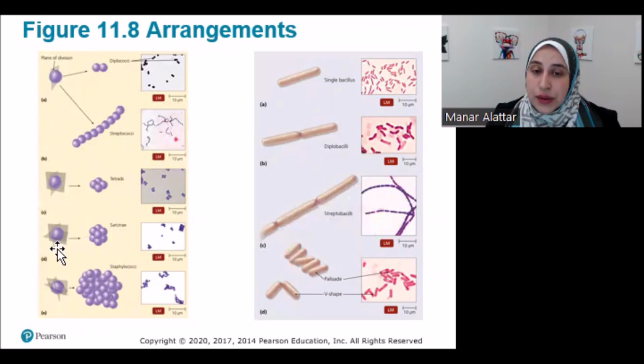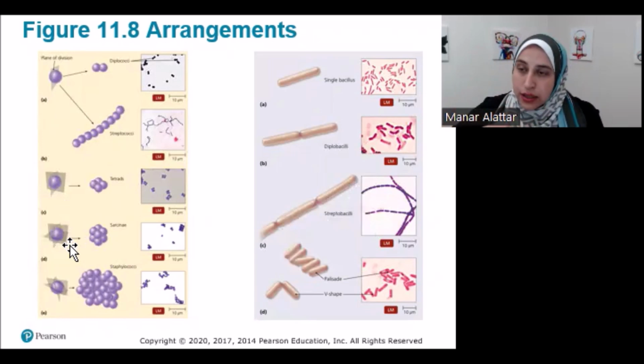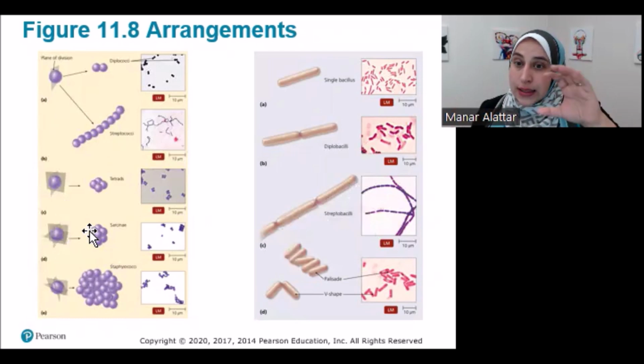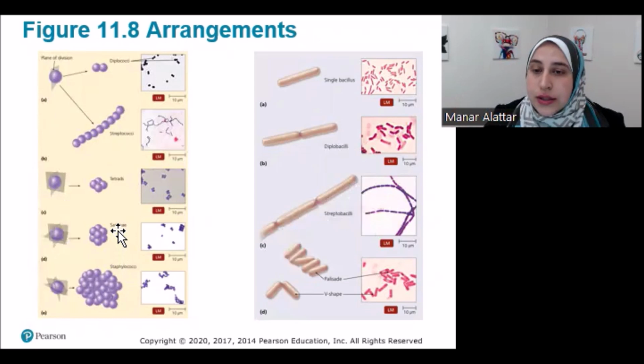So in the case where you had a coccus-shaped organism that's dividing along 3 clearly identified planes, then you'll get duplicate tetrads, essentially, where we have 4 cells stacked in cuboidal arrangements or cube arrangements, and we call that sarcinae, okay?